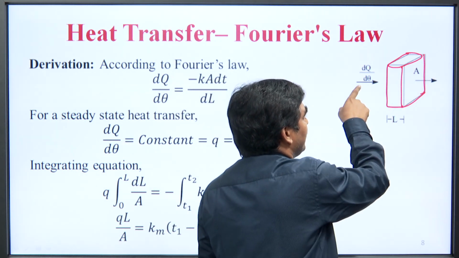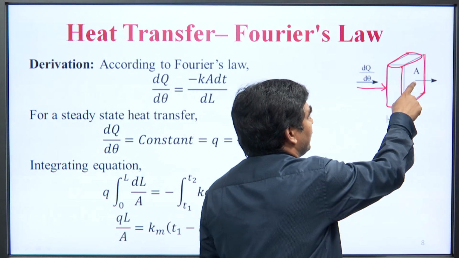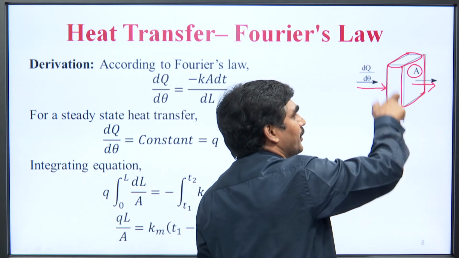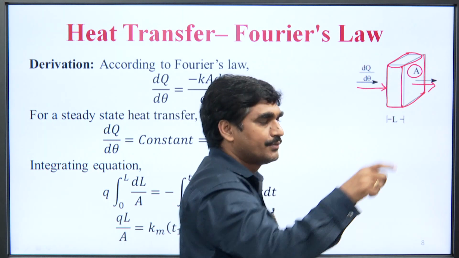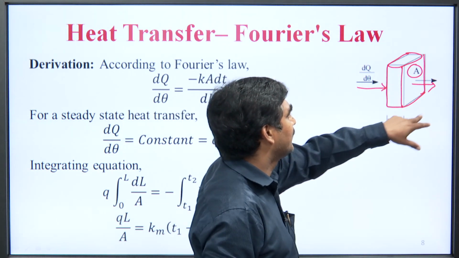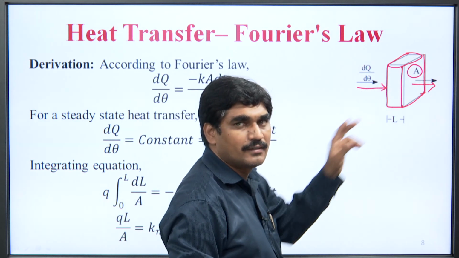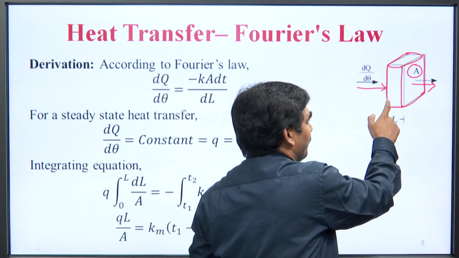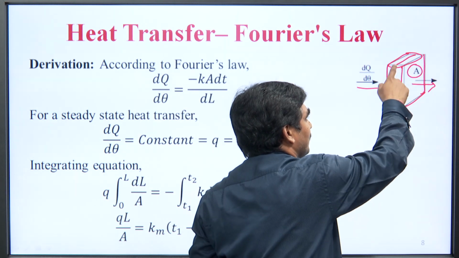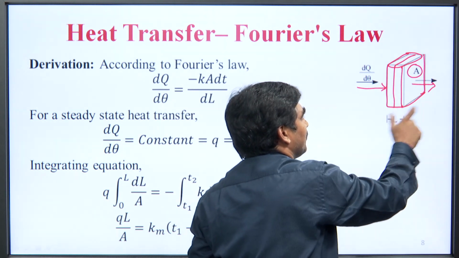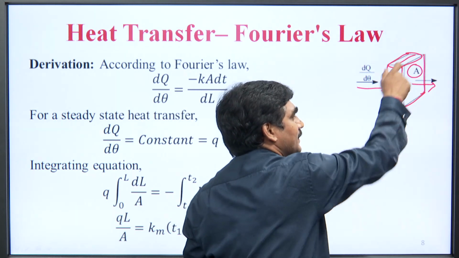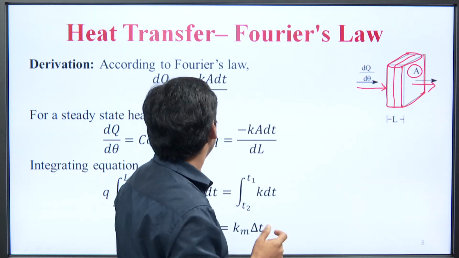So, rate of flow of heat is dQ by d theta, it is directly proportional to the area perpendicular to which heat is flowing. So, this is the area, A is the area of this object, L is the thickness. If you consider a small part of this portion, then this is called the change in thickness or change in area.